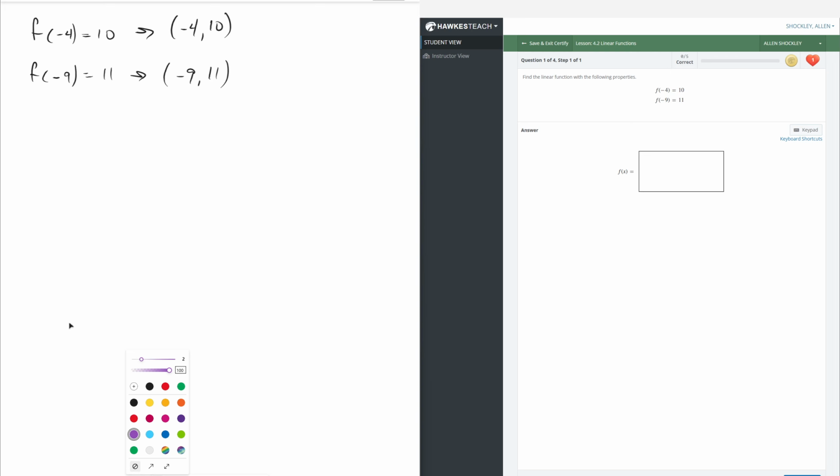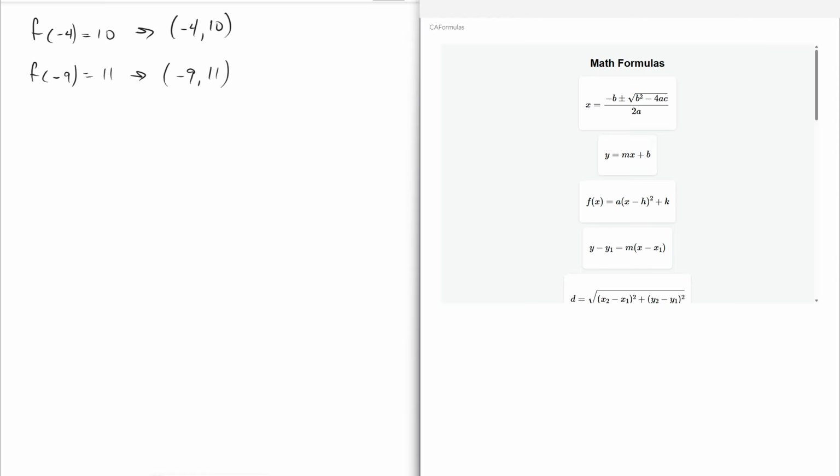So because I have these two sets of coordinates, I can go through and create or find a linear function with the following properties. I'm going to need some formulas.